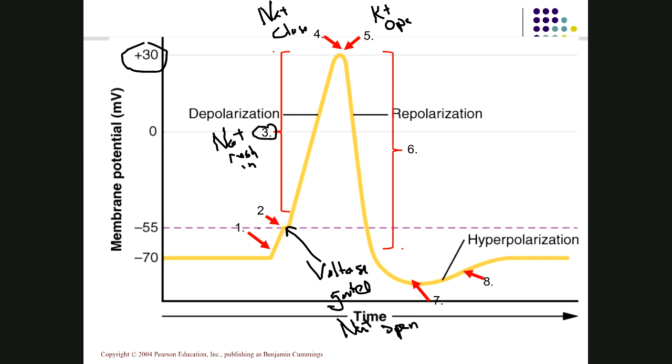As soon as they open, potassium is going to rush out. Our graph is going to go down, all the way down to about minus 90, and that's where those voltage-gated potassium channels are going to close. And then we're going to use our sodium-potassium pump and the leak channels to get back to resting potential.